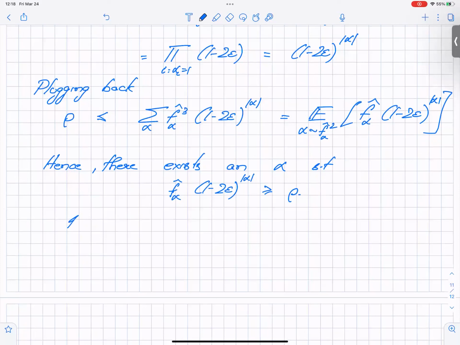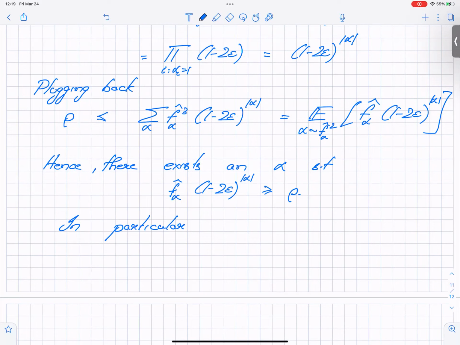In particular, we know that the absolute value of f hat alpha is at most 1. Both of these are numbers less than or equal to 1. Therefore, this should be greater than rho, and this should be greater than rho.